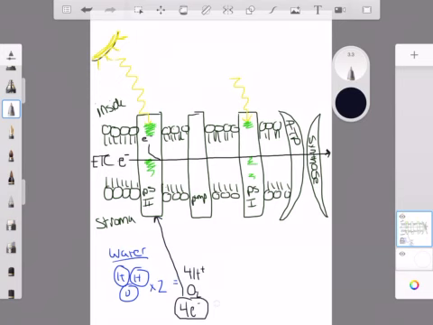Our oxygen is going to leave the plant. It's a byproduct. It is going to leave through the stomata. That sounds really similar to stroma, but a stomata is a hole on the leaf where gases can be passed. So that's what happens to our oxygen.